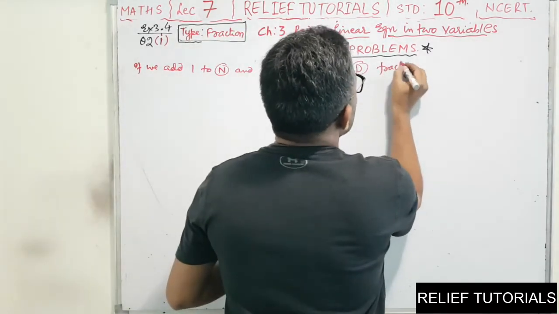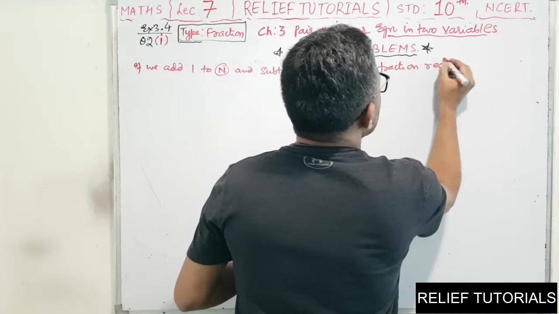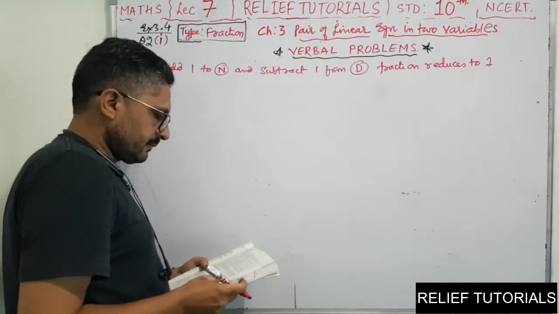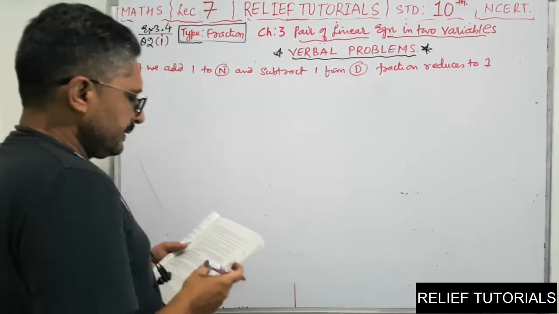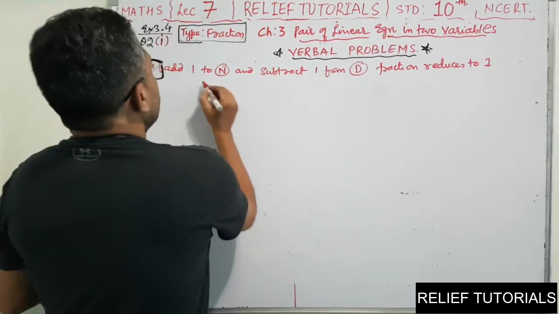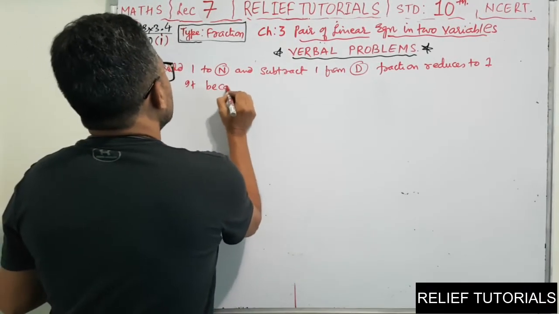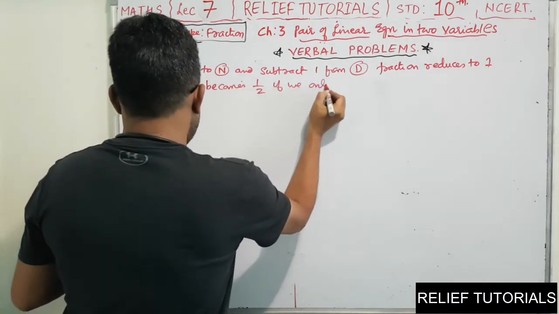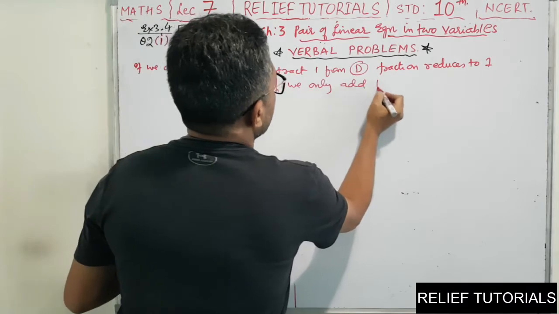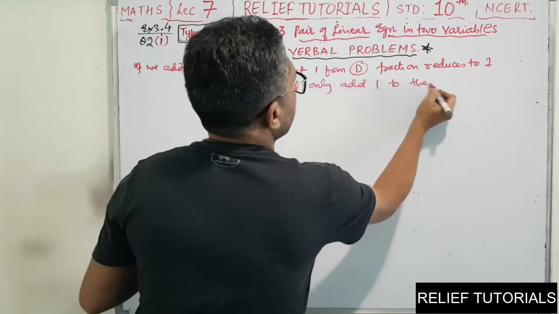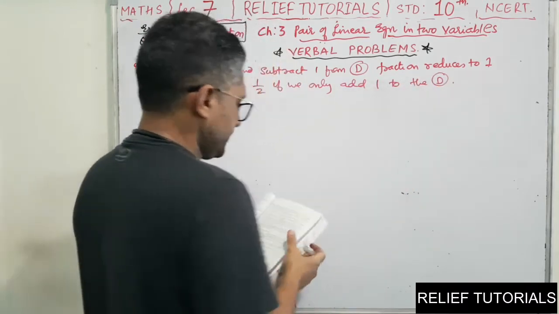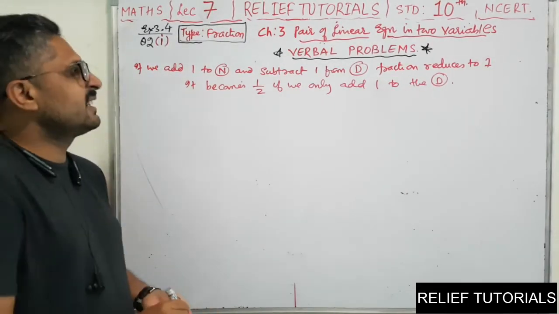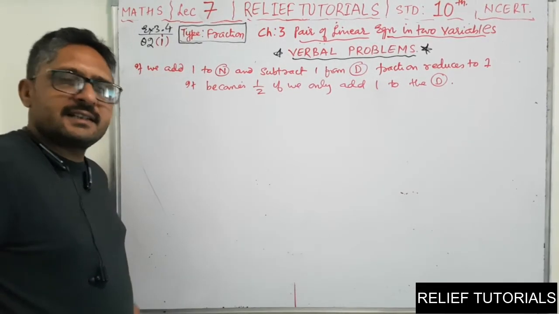Reduced to 1 means the fraction will become 1. Clear? And it becomes half if we only add 1 to the denominator. What is the fraction? You have to find the fraction. See, got it? Question is clear.